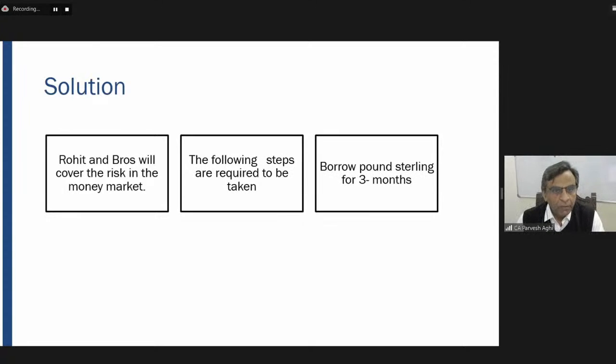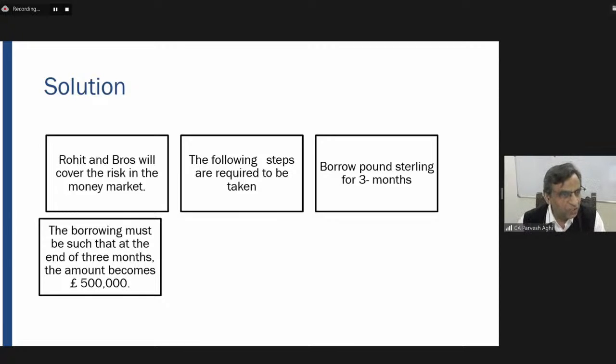Borrow pound sterling for 3 months. This is an exports case, so remember, you are going to borrow in the foreign currency, that is, in pound sterling, for 3 months. The borrowing must be such that at the end of 3 months the amount becomes 5 lakh pounds, because you're going to receive 5 lakhs, so that what you receive from your customer will be able to settle this loan.